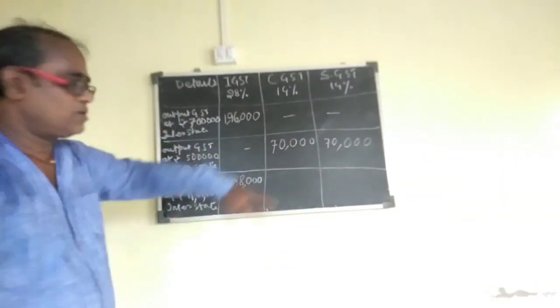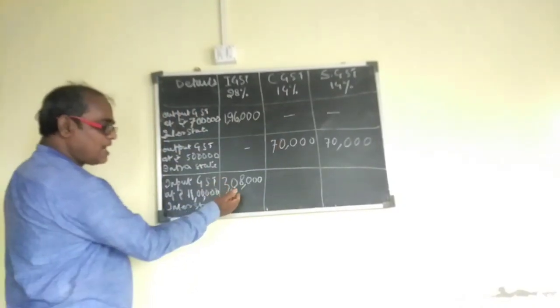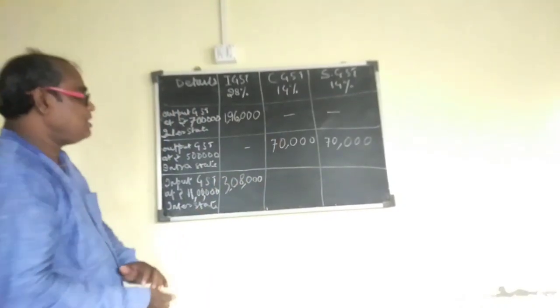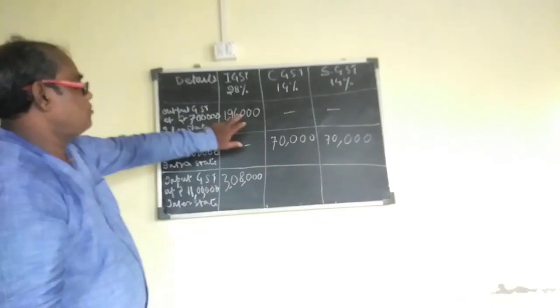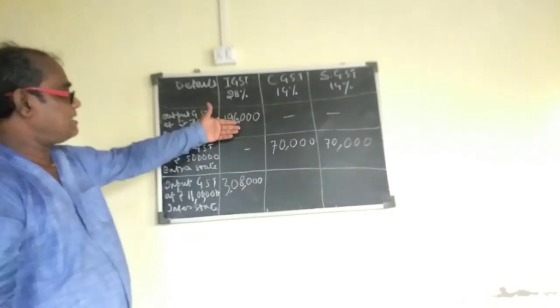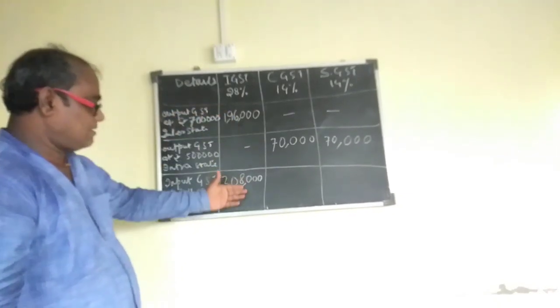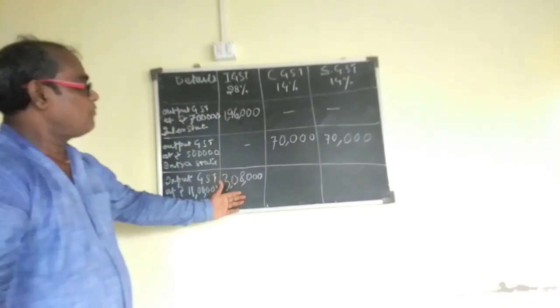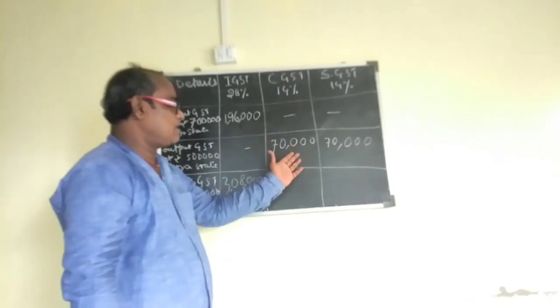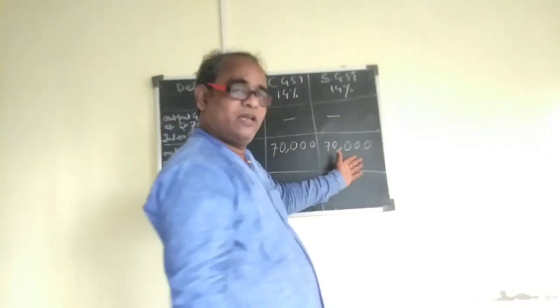This 3,08,000 will be utilized first against IGST. Then the rest, since the output IGST is less than this, the remaining money will be adjusted over here. If any money is left, then it will be adjusted here.